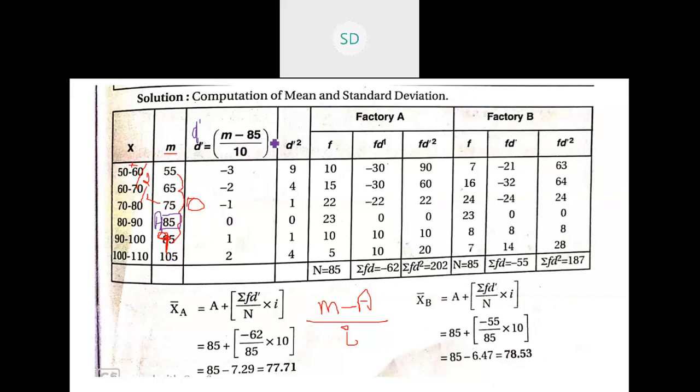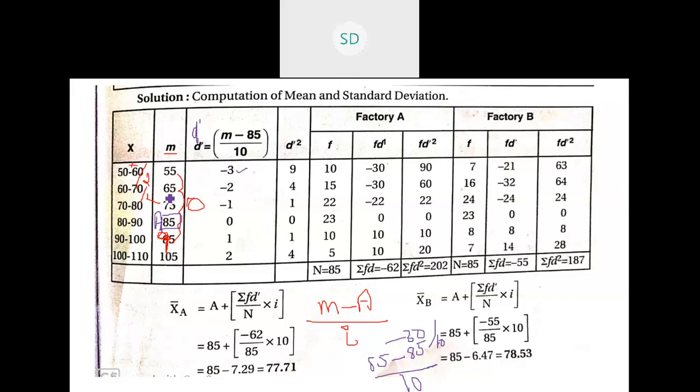So m minus 85 by 10, that will be 55 minus 85 by 10. 55 minus 85 will be 30, sorry, this is minus 30. Minus 30 by 10 will give you a value of minus 3.